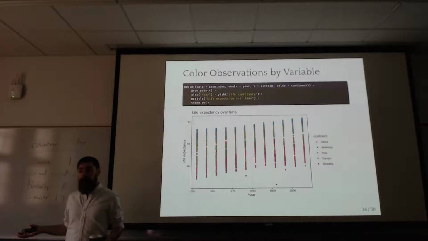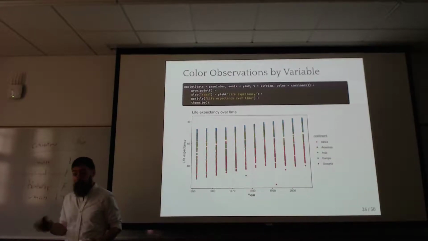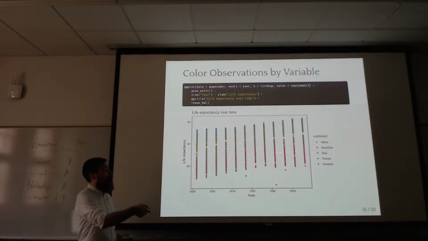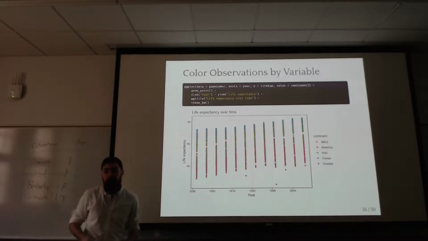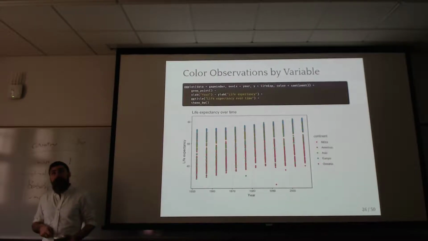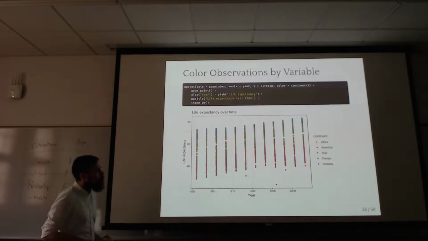One of the things I like about ggplot2 is it usually has sensible default behavior for most things. If you want to turn off some of that stuff, it's trivial to turn it off. If you wanted to get rid of the legend, inside of a theme call, you would say legend.position equals none, and it will get rid of it. But yeah, it does it by default.